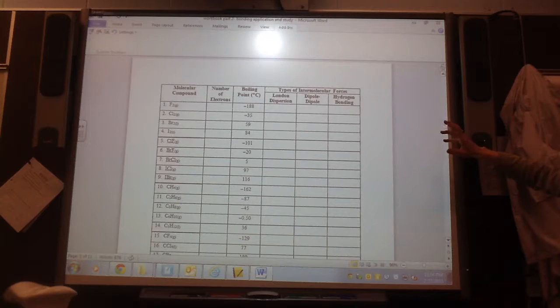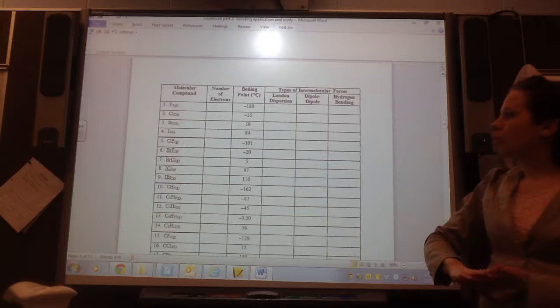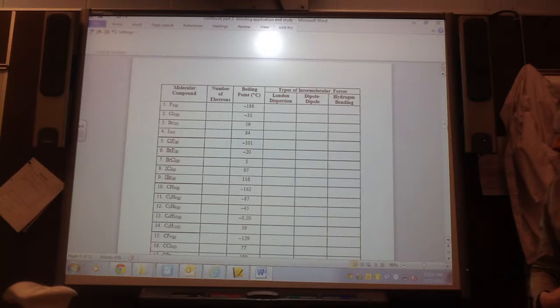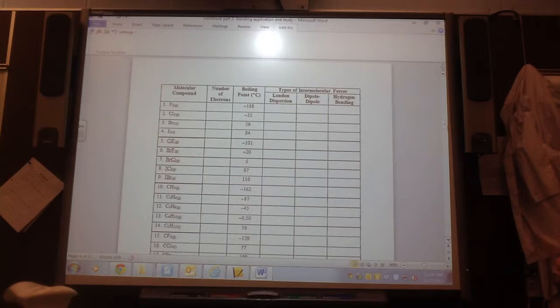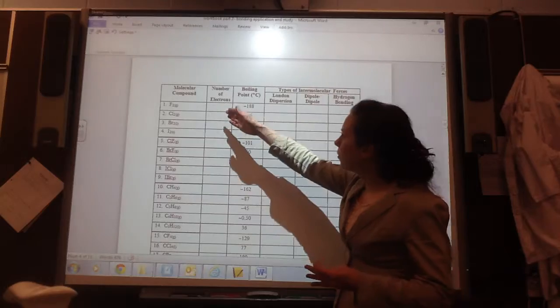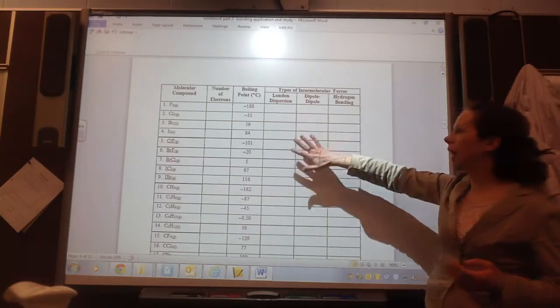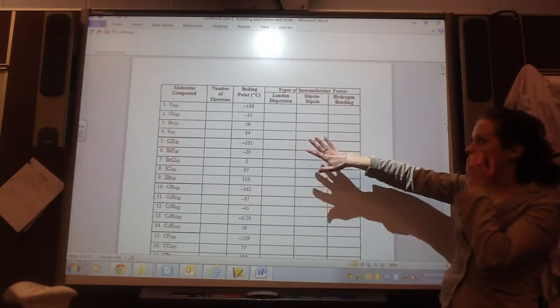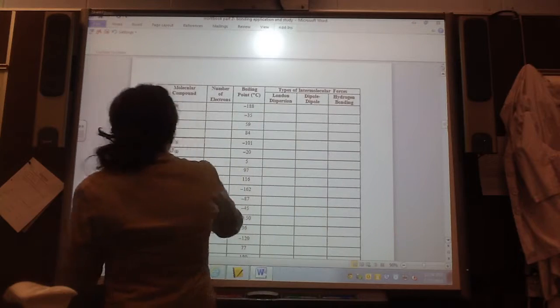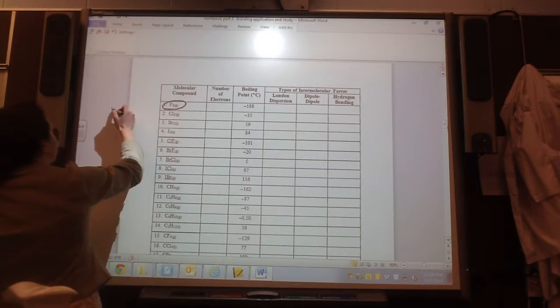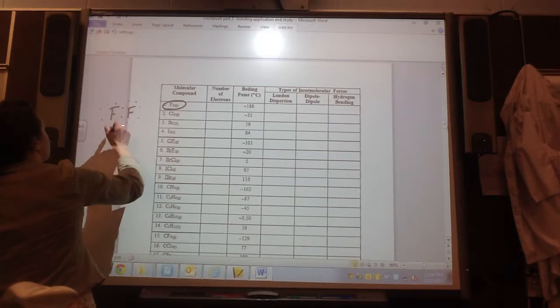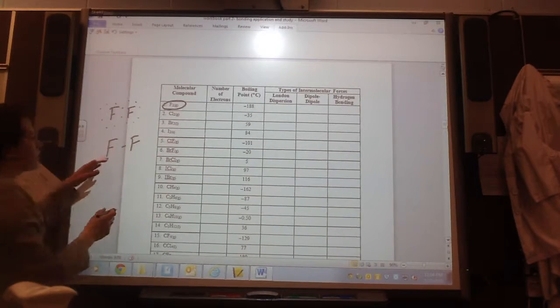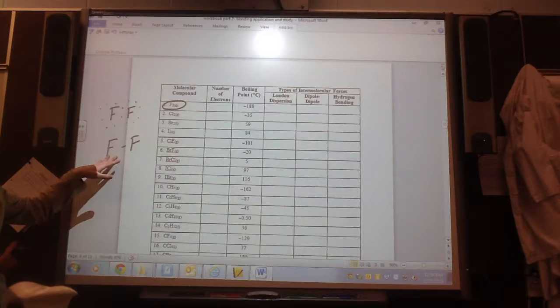And then here, on the next page, you go through and do something very similar, okay? So you fill in your number of electrons, and then here I actually give you what it is. So say you look at F2, okay? So we have our F2. Does this have hydrogen bonding?